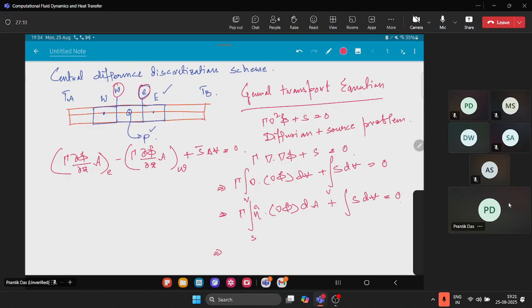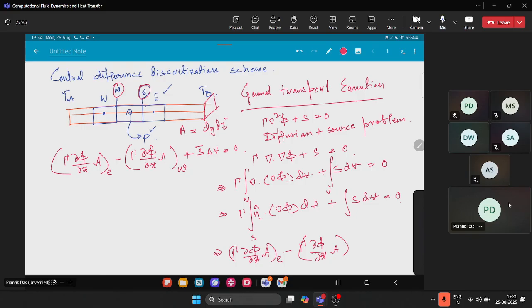So this becomes gamma d phi dx multiplied by area at small e, minus gamma d phi by dx times A at small w, where A is the area of cross section, which is dy into dz.